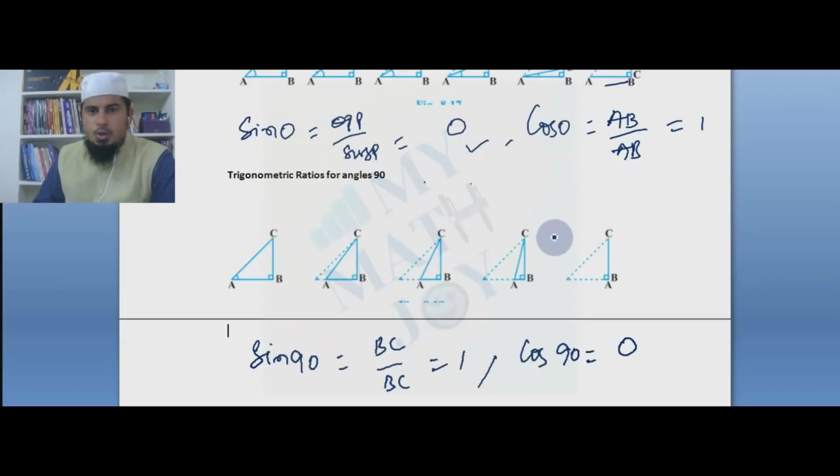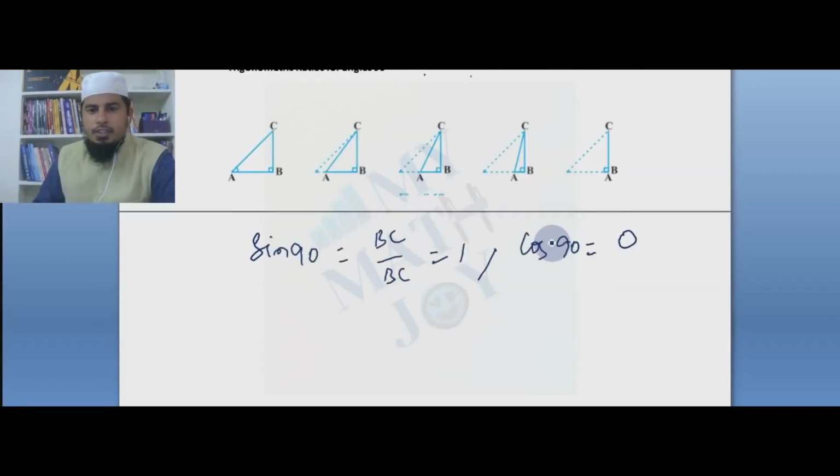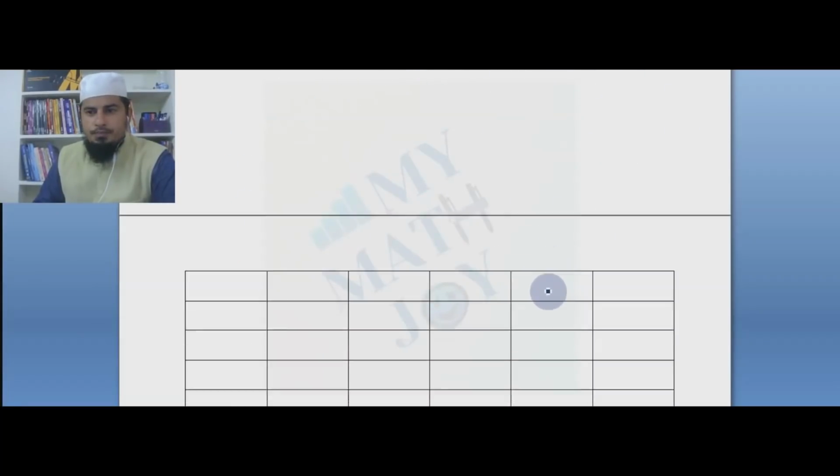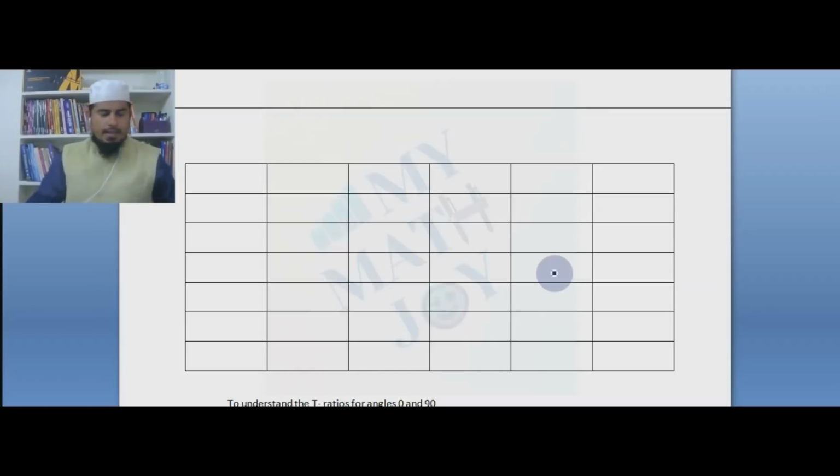Now let us go to make the tabulation of trigonometric ratios. So here I have a table. Let us complete the table with trigonometric ratios and standard angles. Let us keep 0 here and 0 here, 30 degree and 45, 60, 90.